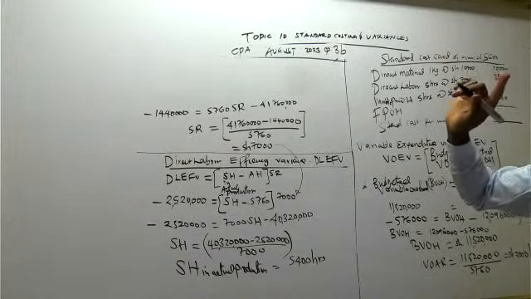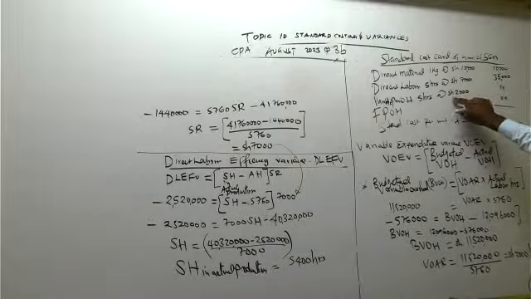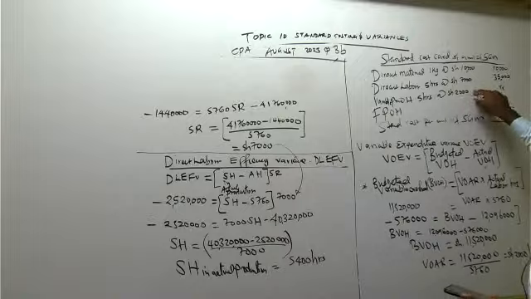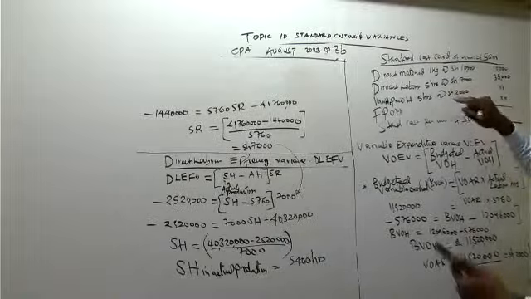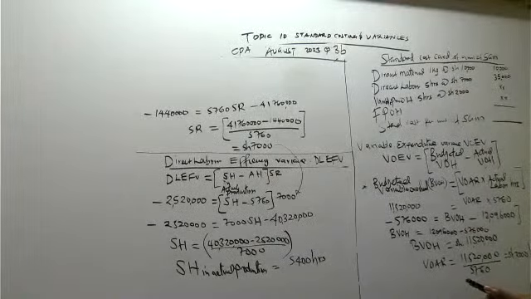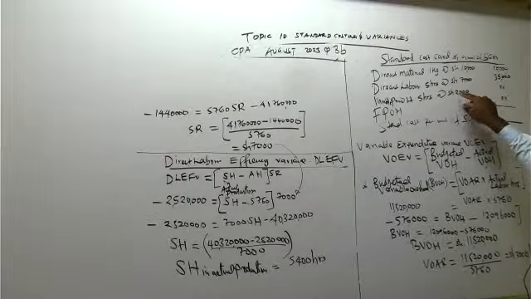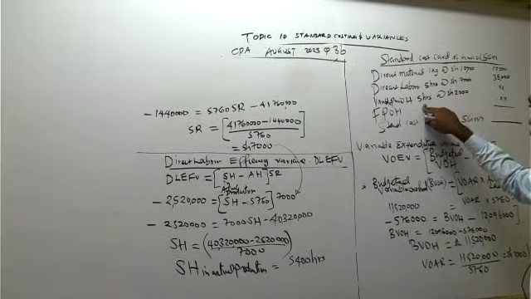Tukishapata standard overhead absorption rate, it is 2,000, we multiply by their standard hours.